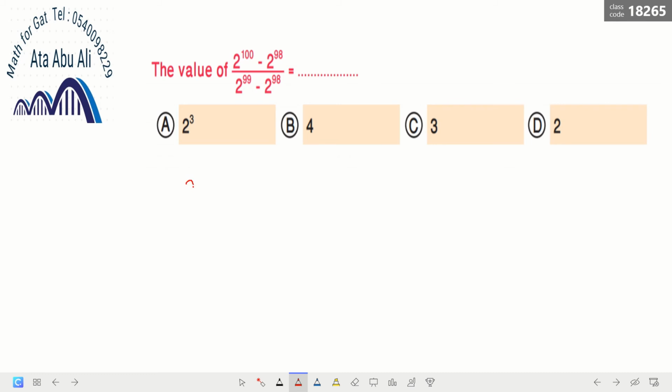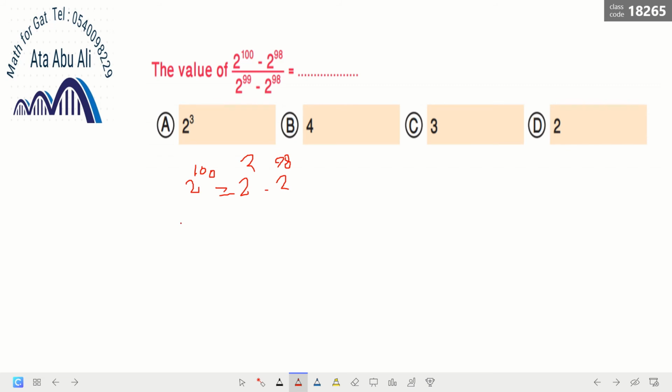Like this, we know that 2 to the power of 100, I can make it 2 to the power of 2 times 2 to the power of 98.